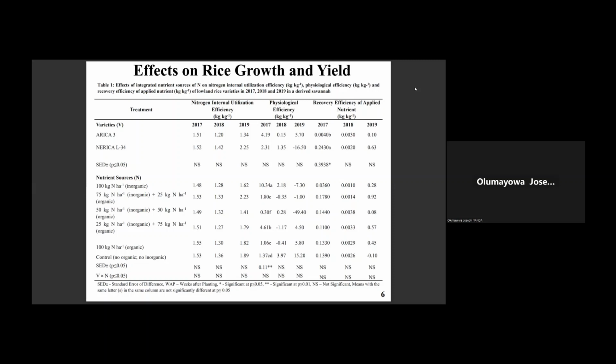And the nutrient sources were also highly significant in the year 2017, where the physiological efficiency was very high for 100 kg nitrogen per hectare for the organic sources from this data.